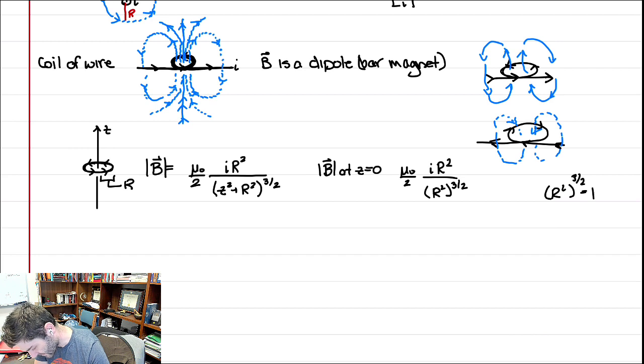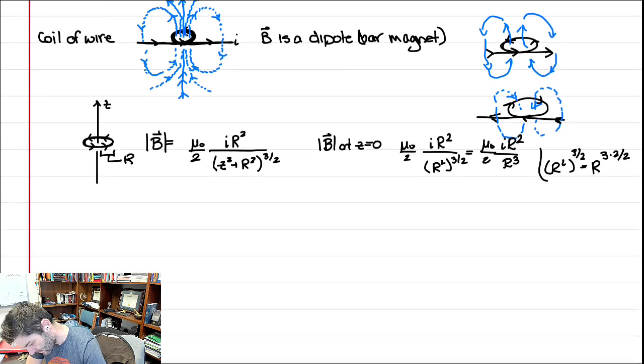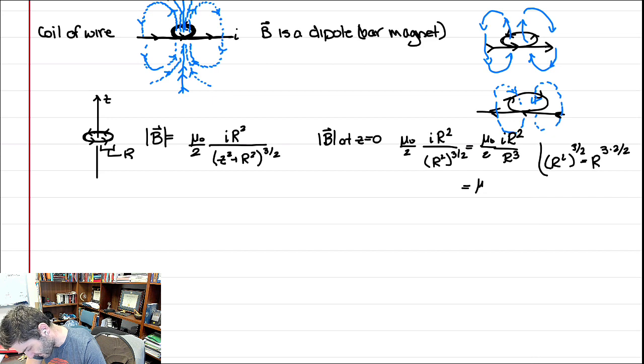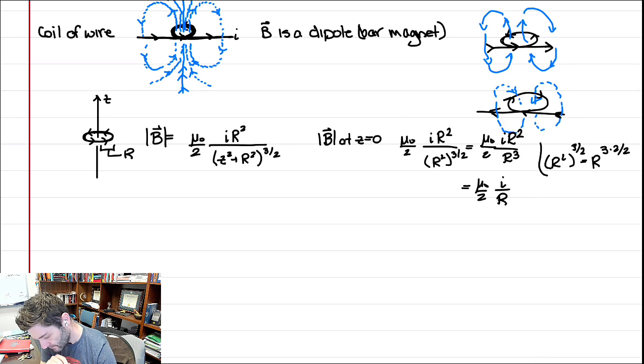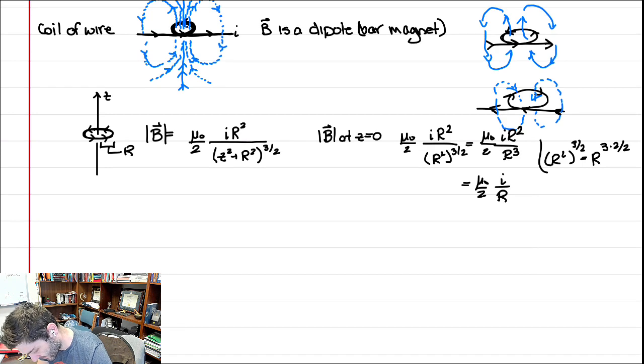It's the same thing as r to the 3 times 2 over 2 power. Notice that's just the same thing as r cubed. So then that's mu naught over 2, I r squared over r cubed, or the same thing as mu naught over 2 I over r in this case. But then that's right in the center of the ring.